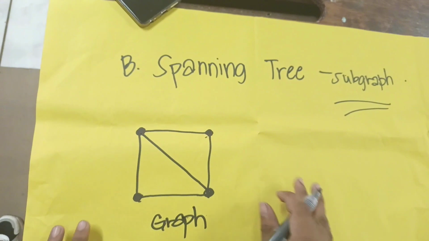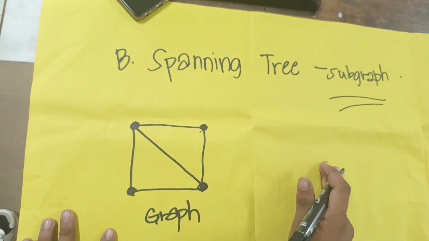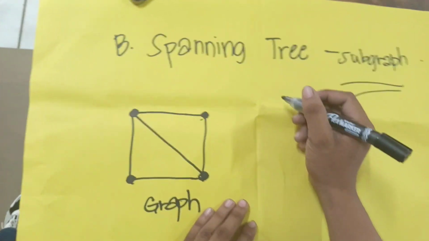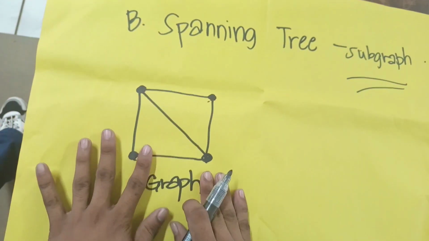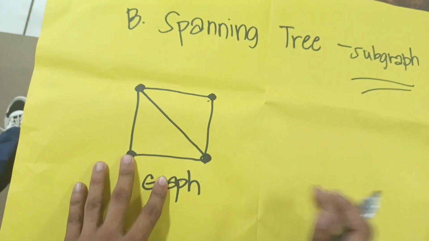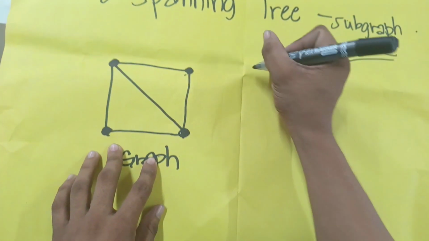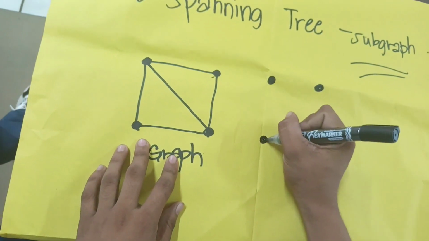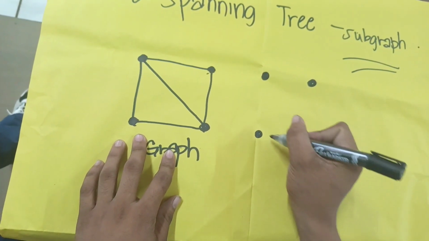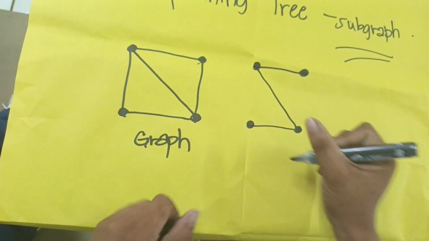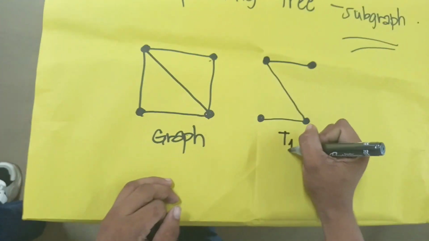A spanning tree is a subgraph which is also a tree. So, we can have 4 spanning trees of this graph, which are these. T represents 3.